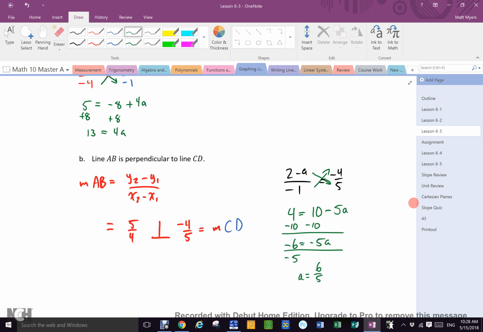What's the only new thing we did today? Parallel slopes are equal. Perpendicular slopes are opposite reciprocals. That's it. Other than that, it's all the algebra and slope calculations we've already been doing.